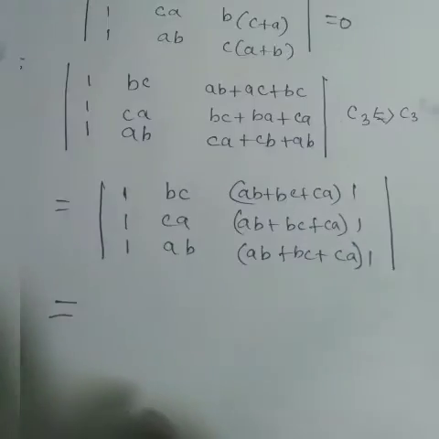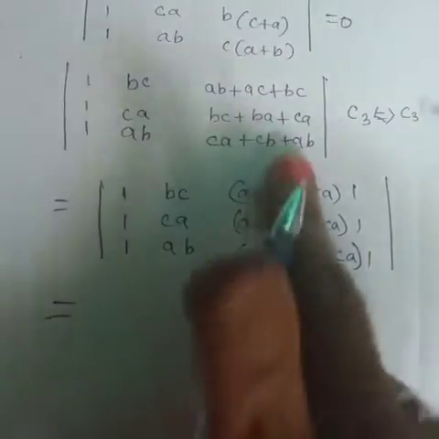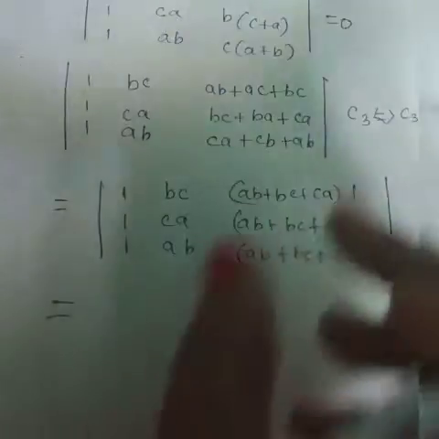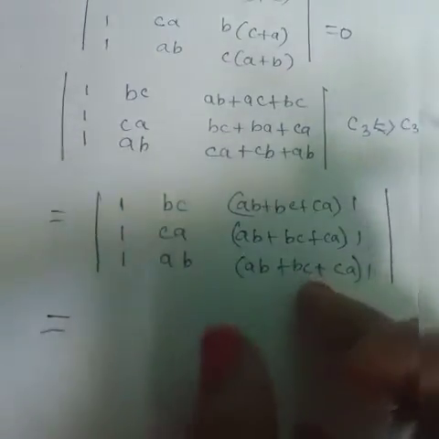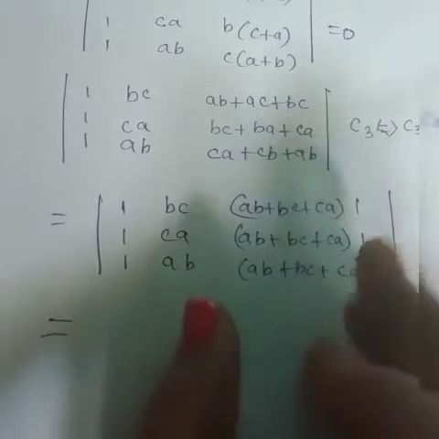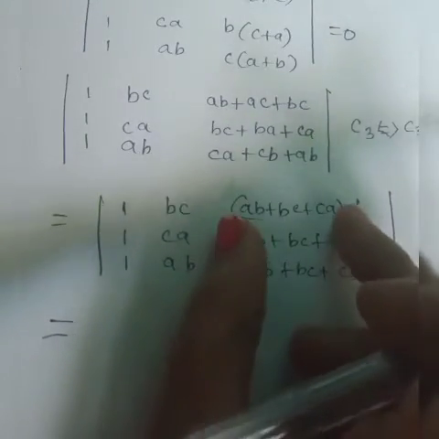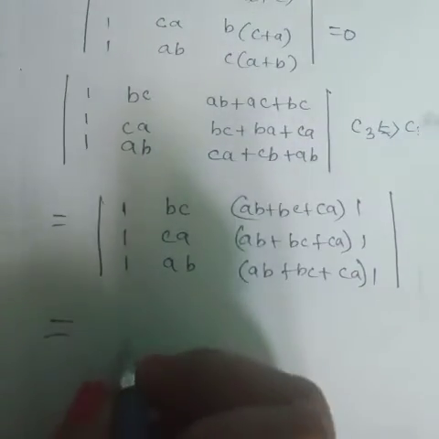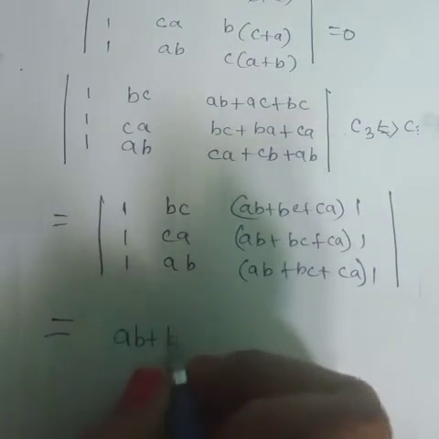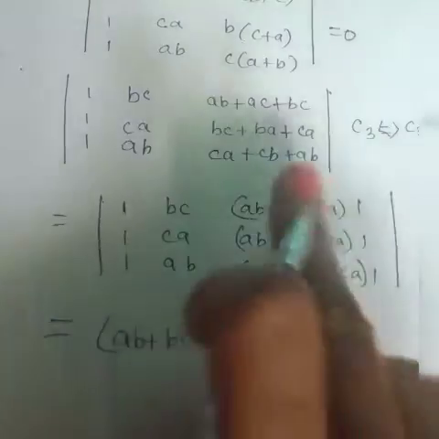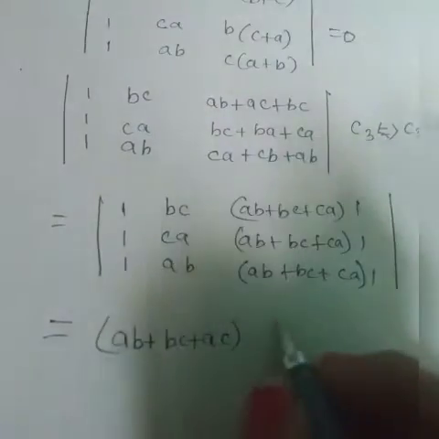Again, I am going to use the property that if the entire elements in any column or row are multiplied by a scalar, then the determinant value is also multiplied by the same scalar k. Using that property, I am going to take AB plus BC plus CA outside from the entire column C3.